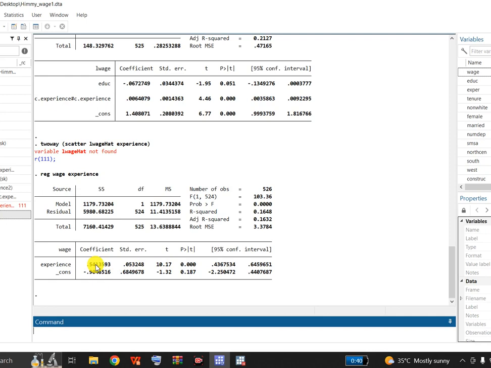In this model, we have assumed that there is a linear relationship between wage and experience, and we may explain this that one additional year of experience leads to a 54-cent increase in wage. But if we check this, then the relationship between the wage and the experience may not be linear.